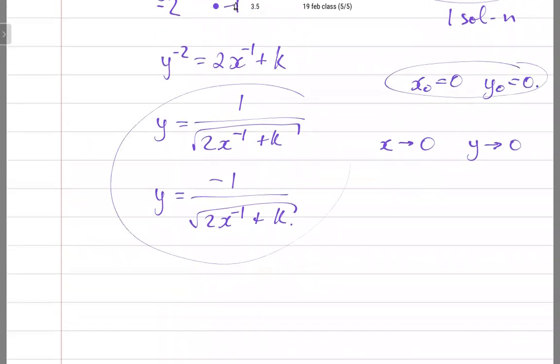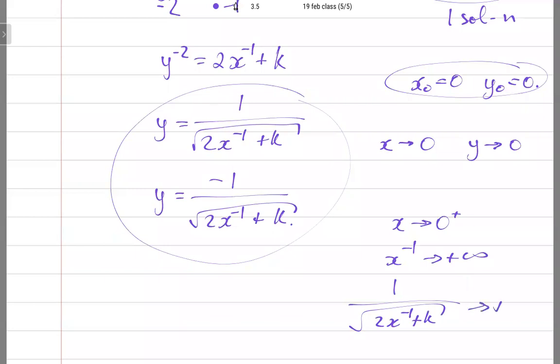And if I plot these functions, they all satisfy my initial conditions. If x tends to 0, the inverse of x will tend to plus infinity, and 1 over square root of 2x minus 1 plus k will tend to 0 as intended.